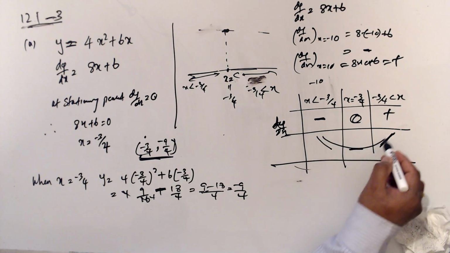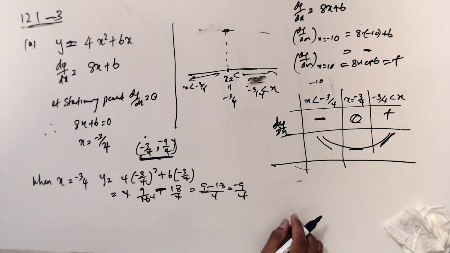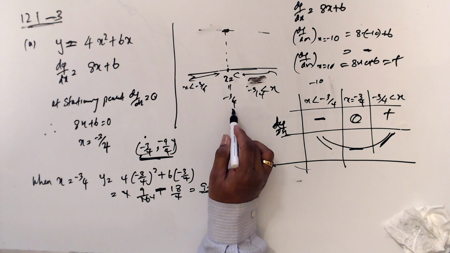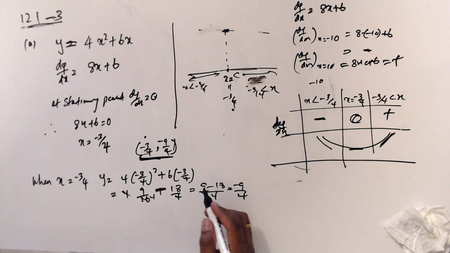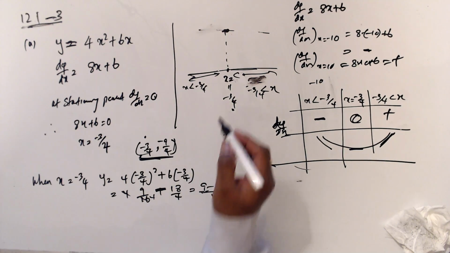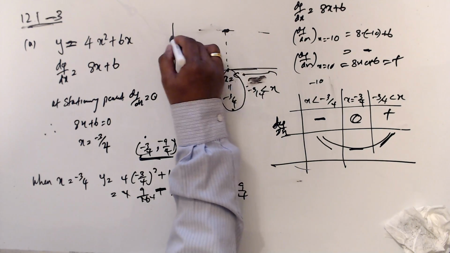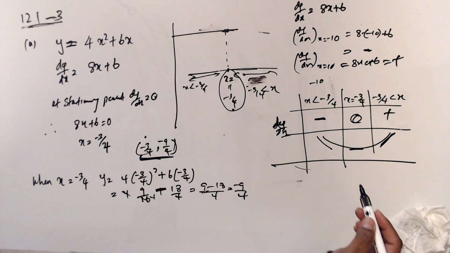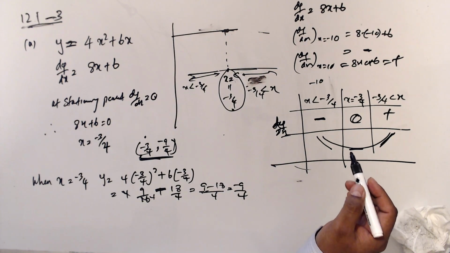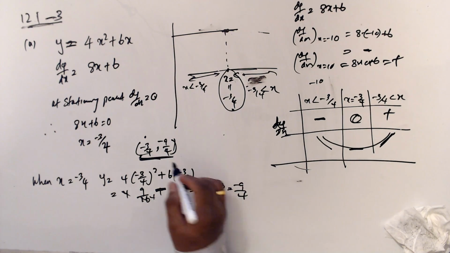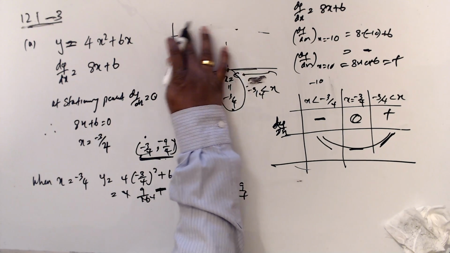So what is this one? It is a minimum. So when x equals minus 3 over 4, it is a minimum. When the x value is minus 3 over 4, what is the y value? The y value is minus 9 over 4. Actually, we know the value.